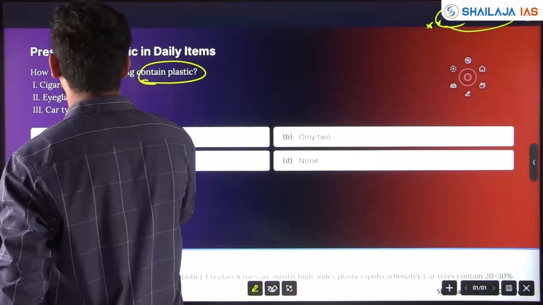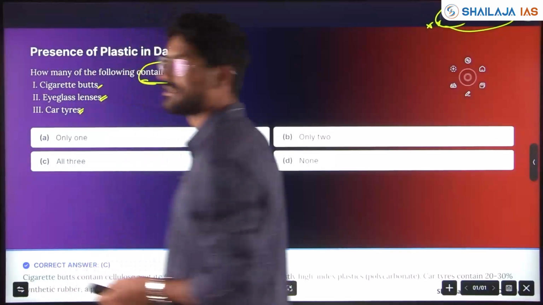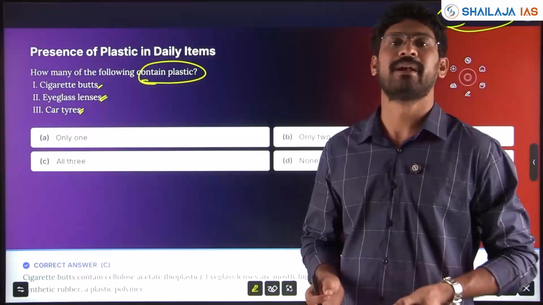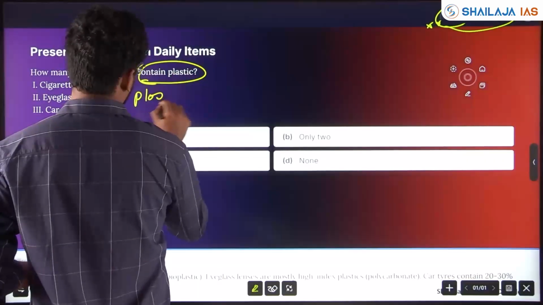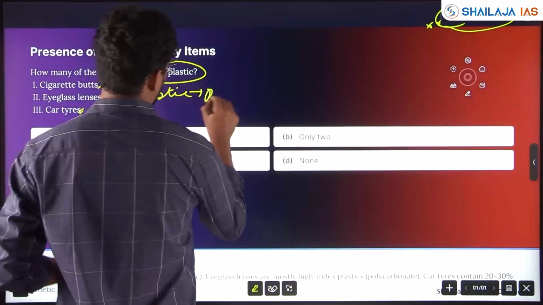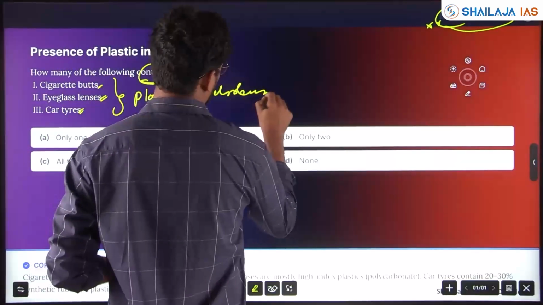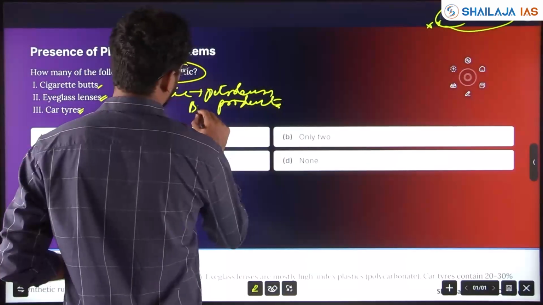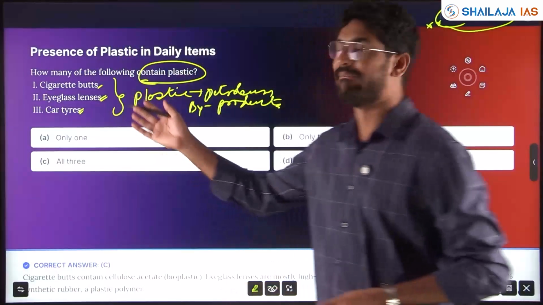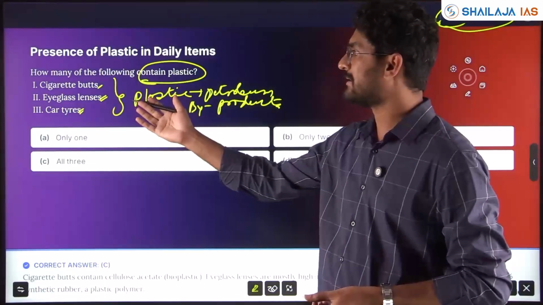How many of the following contain plastic? Cigarette butts, eyeglass lenses, car tires. Everything is made of petroleum products, which is plastic, right? All petroleum byproducts.